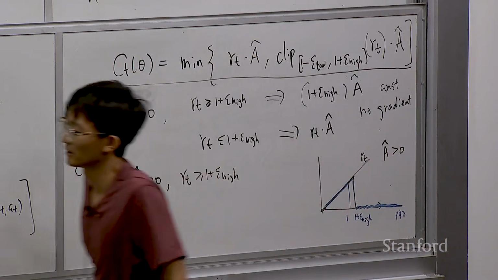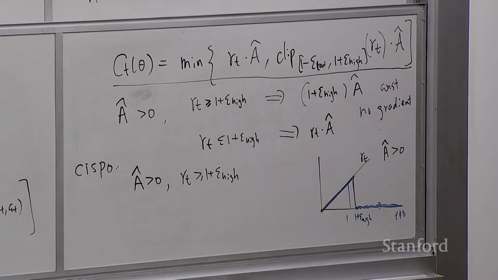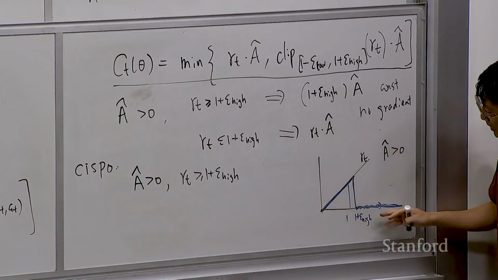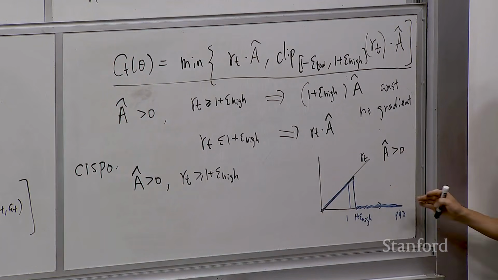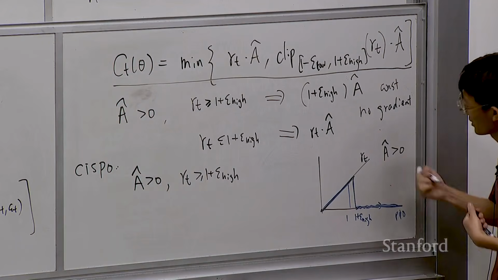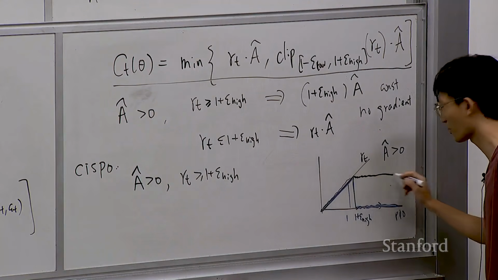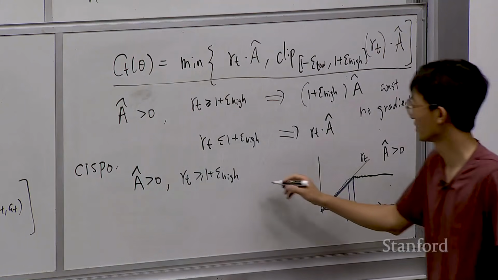And CISPO is saying that if I'm above 1 plus epsilon, I don't want to disable all the learning at all. I change it to a constant here. So this part is the same, and this part is 1.